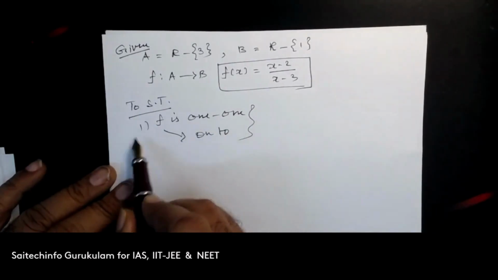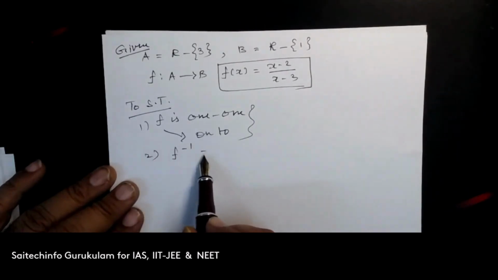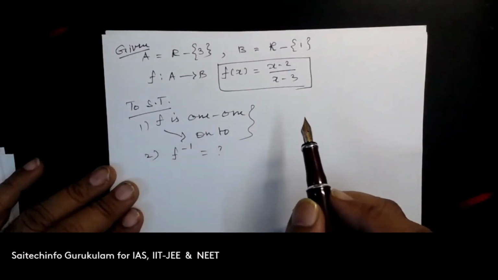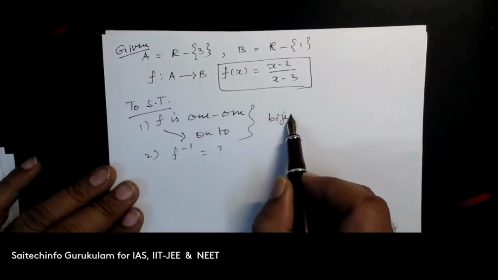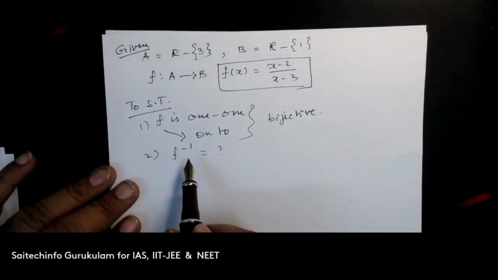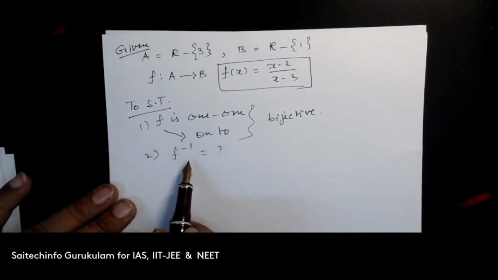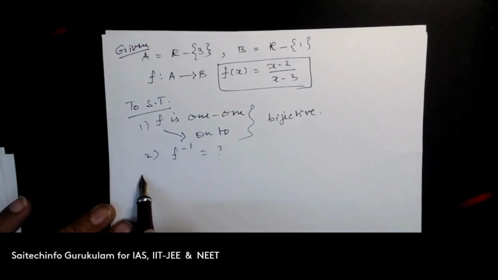This is the first one. And based on that, we have to find out f inverse is equal to what? When both are feasible, we know it is called a bijective function. Okay, so when they are bijective, then it is invertible, and we have to find out the f inverse. Now let me consider the one-one, that is 1 to 1.